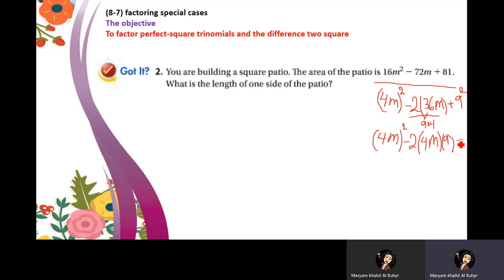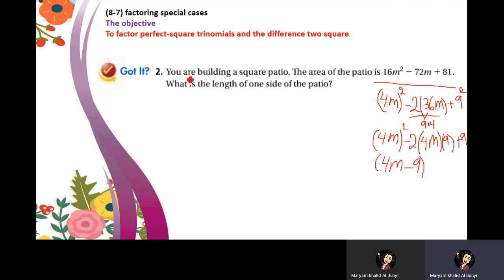Great, that's what I need, plus 9. So I have the same rule, so I can say 4m, since I have minus, it will be minus 9. Now this is the factorization.